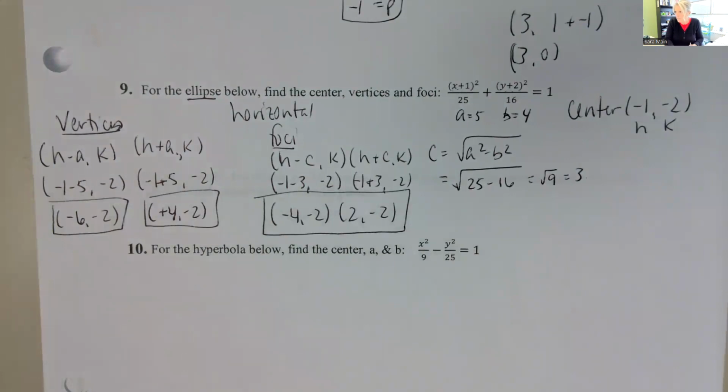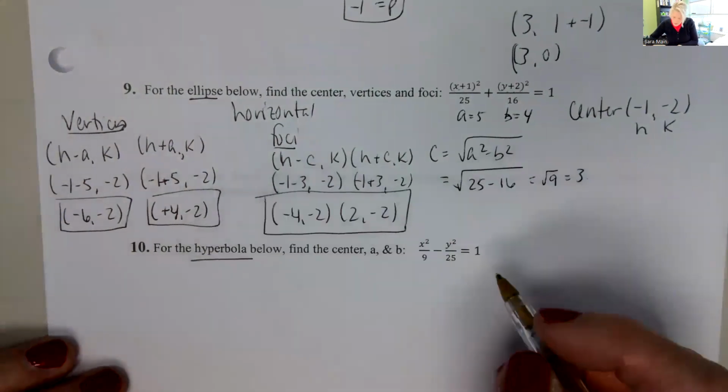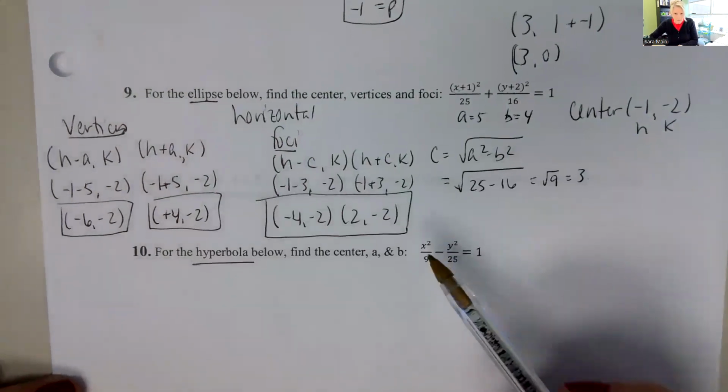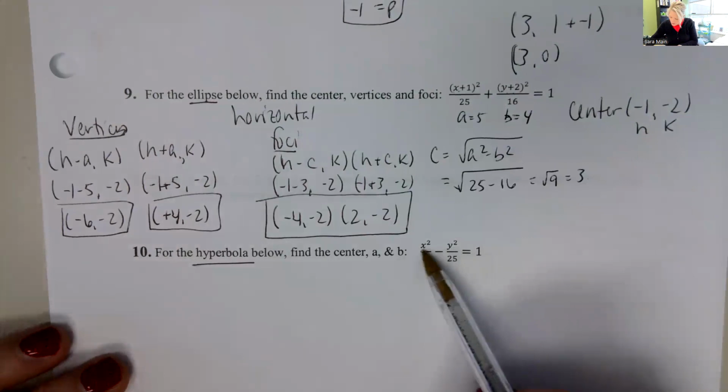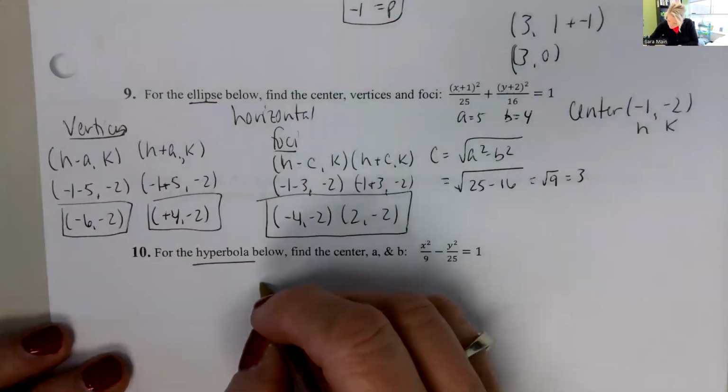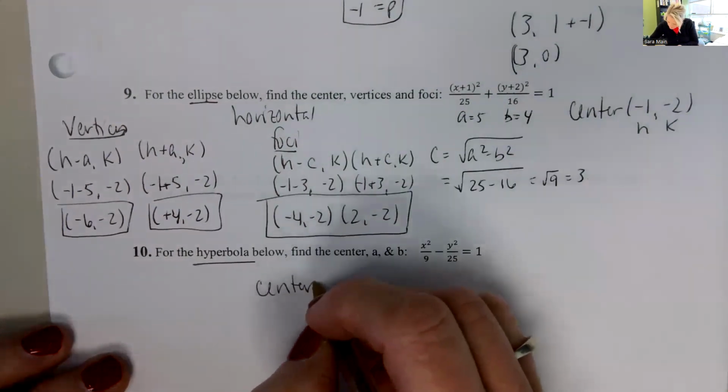And then our last shape is a hyperbola. For this one, I really just want you to be able to identify some pieces. We can see that it's not off center at all with the x squared and the y squared, so my center is at 0, 0.